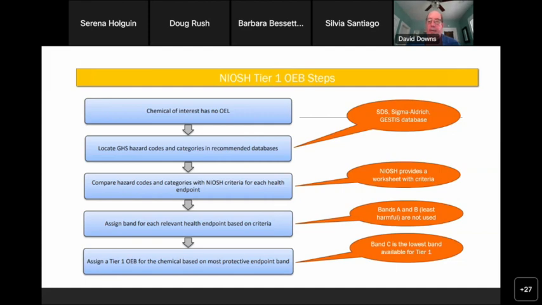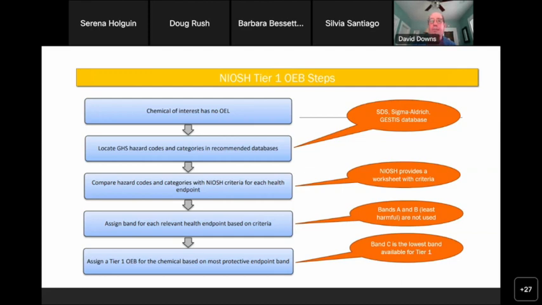And then so you'd have to start at band C as the lowest available band for tier 1. And if you wanted to go further in this process, you'd have to go to a tier 2 process or a tier 3 process in order to be able to assign it to bands A and B if that's appropriate.